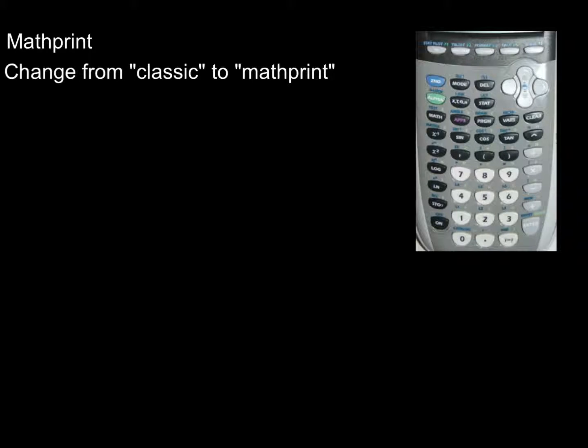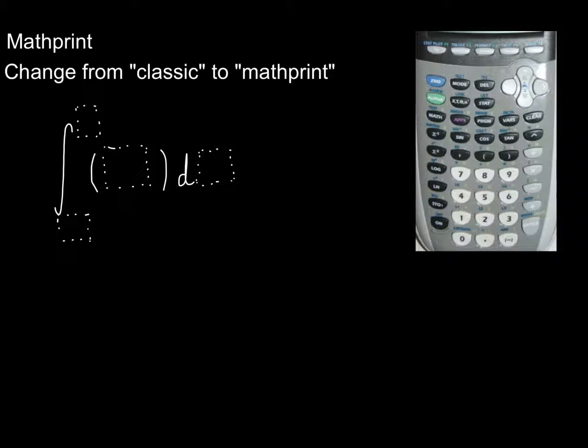So let's try it again. Let's go ahead and go to math and then select option 9. And what you'll see should look something like this. And this is very straightforward, right? It just allows you to input your limits of integration, your function, and the variable with which you want to integrate with respect to right into the integration symbol.